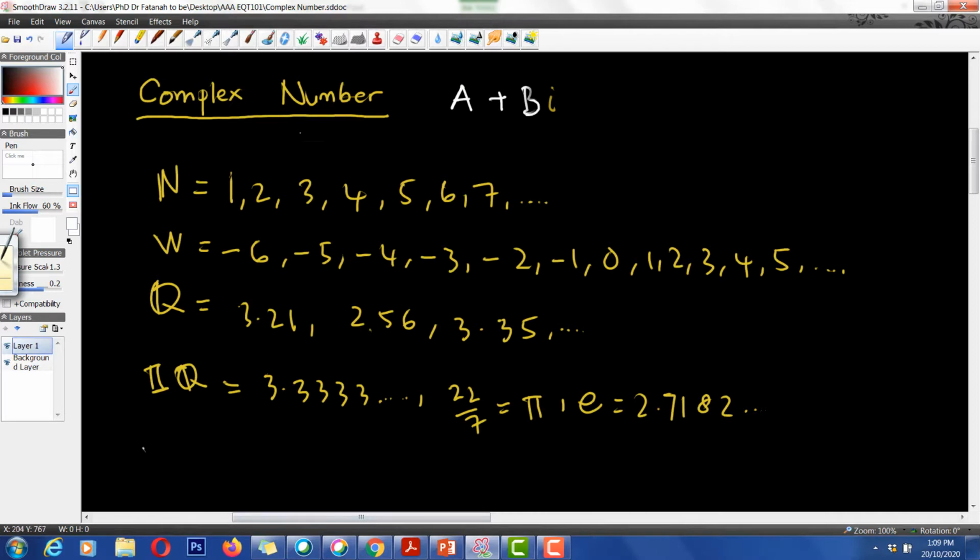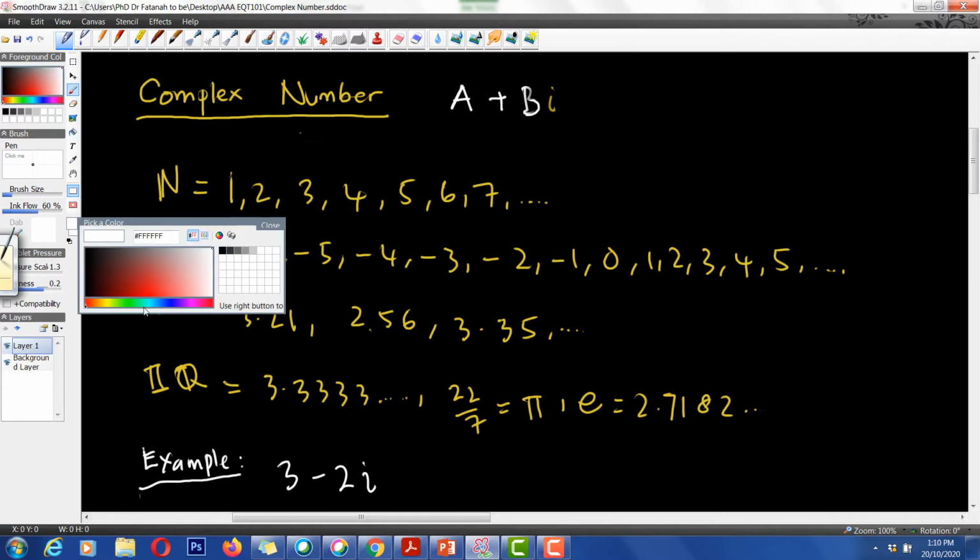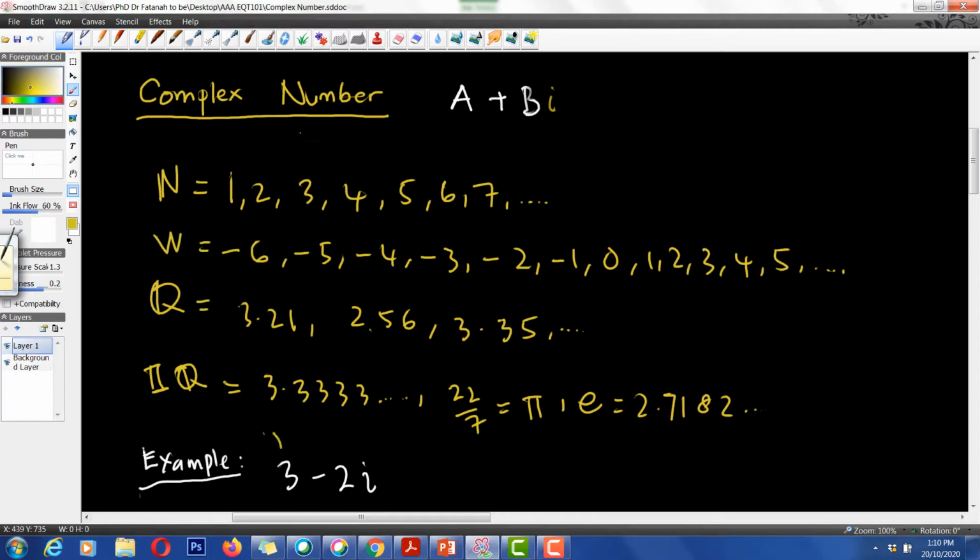an example of a complex number is, let's say, 3 plus negative 2i. So here, this is a complex number. As we can see here, what is A? A is 3.